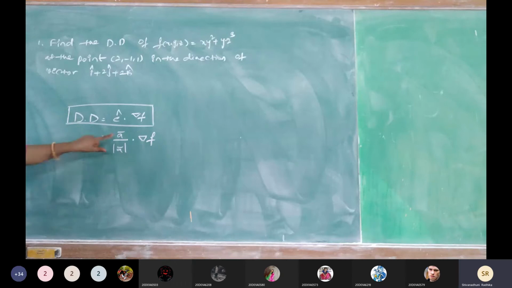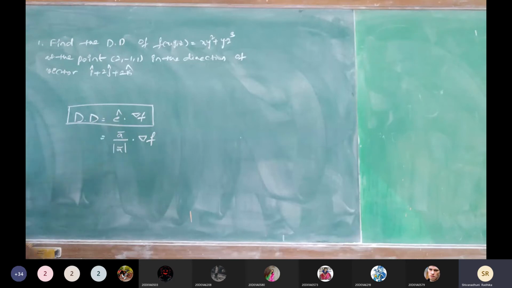Is it clear? What is A bar? It is the vector in whose direction we want the derivative: i cap plus 2j cap plus 2k cap. That is A bar. Immediately, e cap equals A bar divided by modulus of A bar, and that is nothing but e cap.